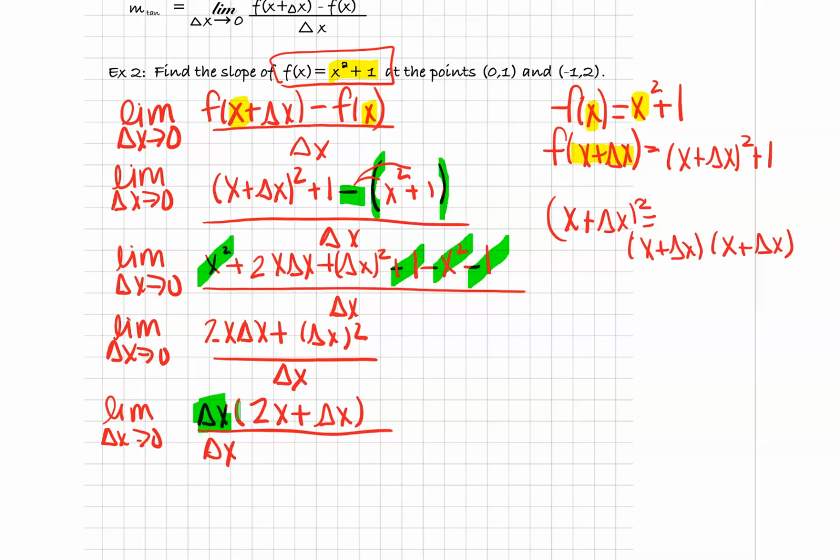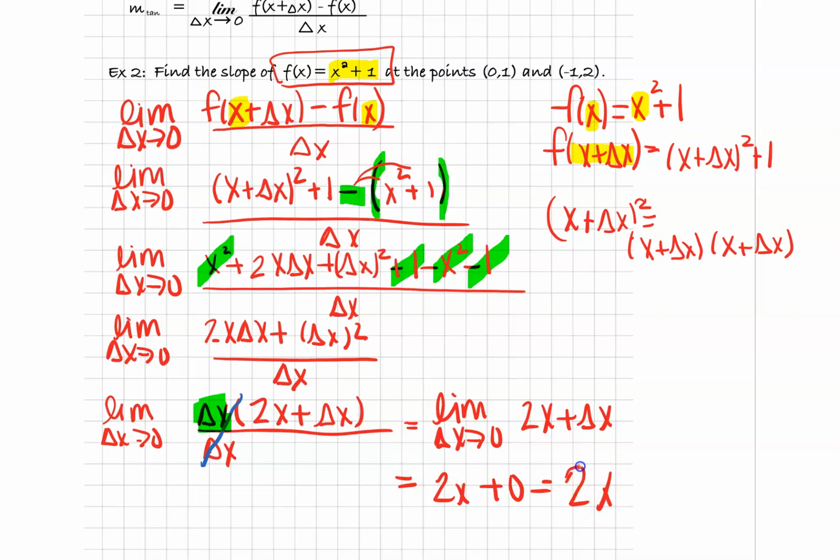The reason we want to factor it out is because these should cancel on top and bottom. You don't show that they cancel until you can factor out. And so then that gives me the limit as delta x goes to 0 of 2x plus delta x. Now we can finally take the limit. So this would be equal to 2x plus 0, so just 2x.